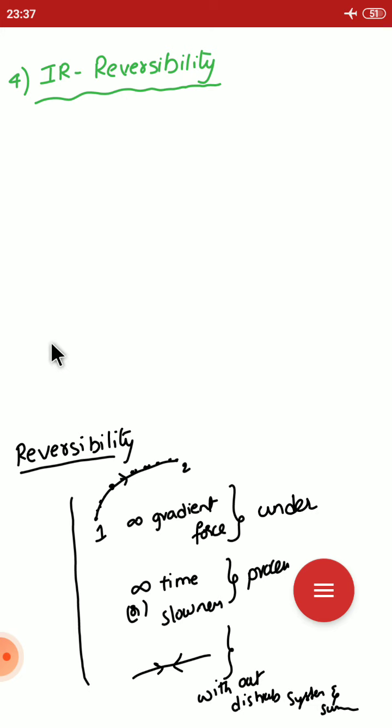But all natural processes are carried out with a finite gradient force only.